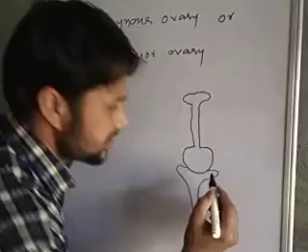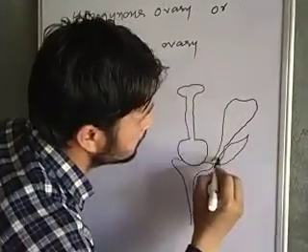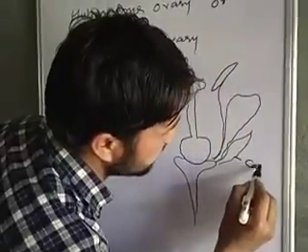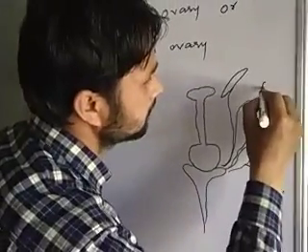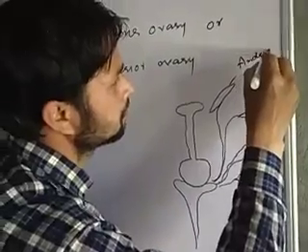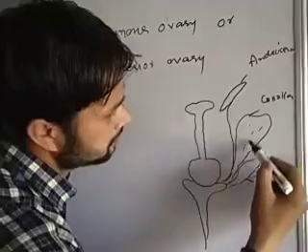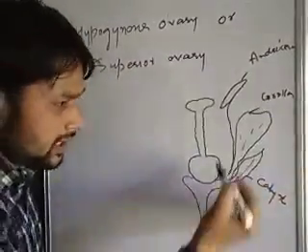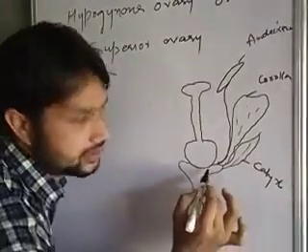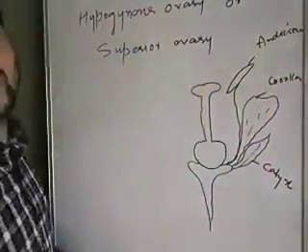When these floral appendages like calyx, corolla, and androecium arise from the base of the ovary on the thalamus, this type of ovary is called hypogynous ovary.